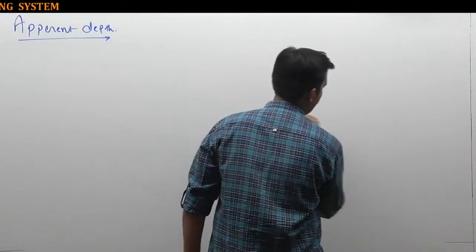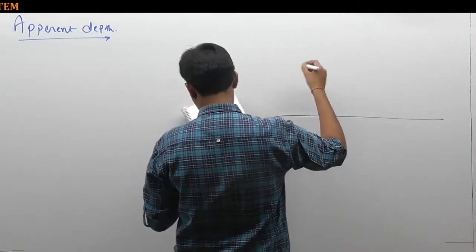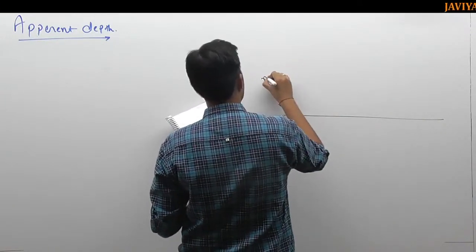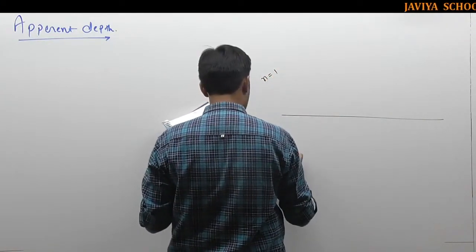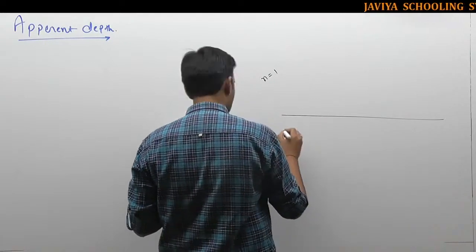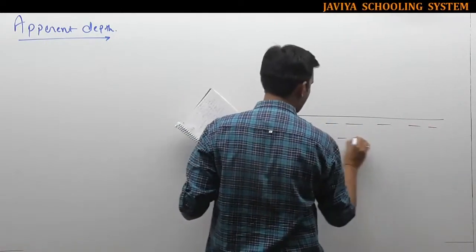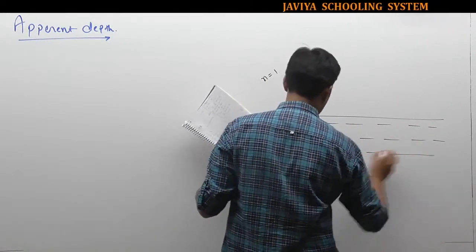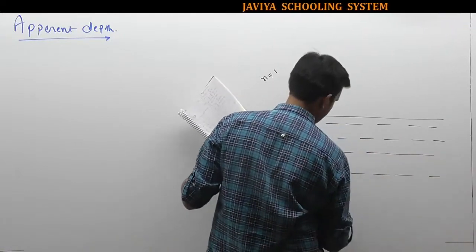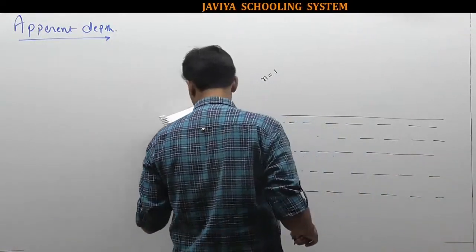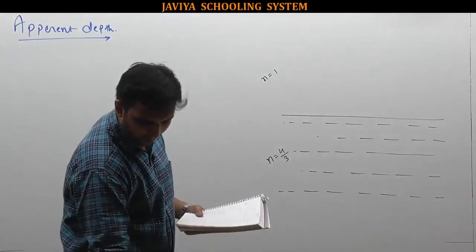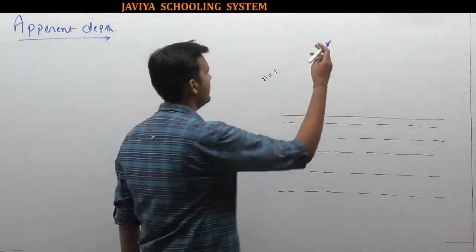Consider this is the surface, and here there is a medium n equals 1, and here there is n equals 4 by 3. 4 by 3 is water, probably. Yes, I remember, it's usually so. And here you have a vulture.